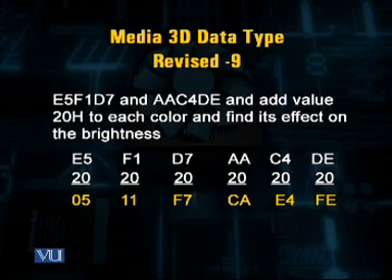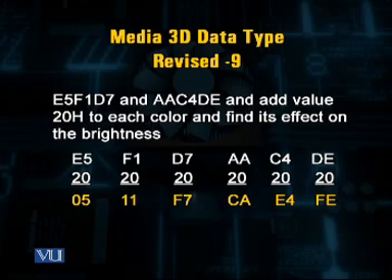And to the value D7, we add 20 and it results in F7 without any overflow. A similar operation performed on the other pixel, that is AA, C4, DE, results in CA, E4, FE.